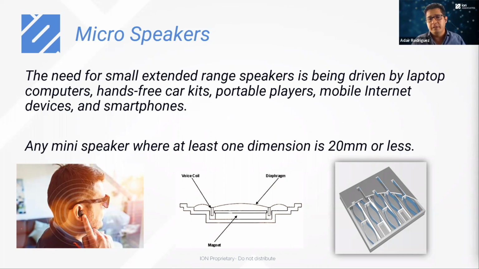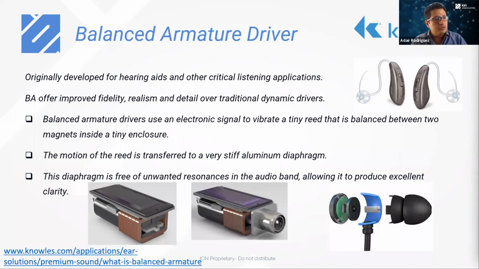Also, for small devices, we have the balanced armature drivers that are provided, in this case, by one of our first manufacturers, Knowles. The balanced armature drivers are meant, as we can see, for small devices like earbuds, for example.